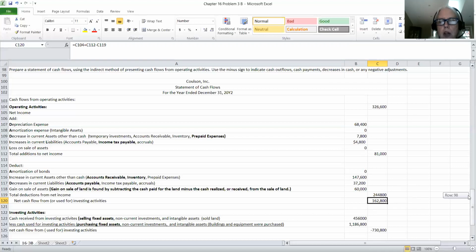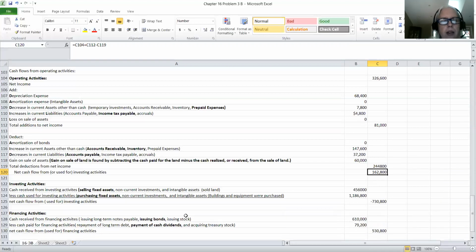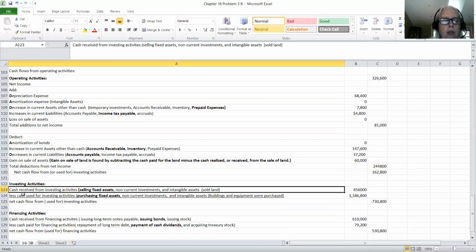The next section that we're going to be looking at is the investing activity section. And the first part of this has to do with cash being received from any investing type of activities. You might remember that investing type of activities are your investments in your non-current assets.